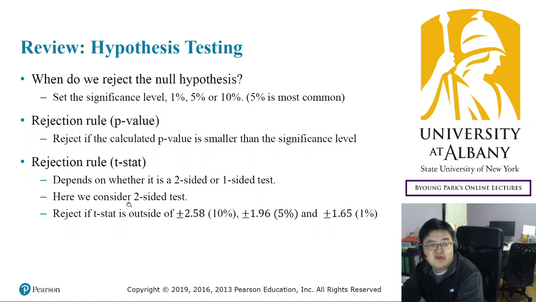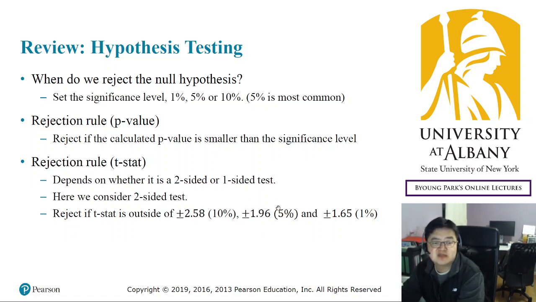If you assume a two-sided test, then we are going to reject the null hypothesis if the t-statistic is outside of those intervals. Plus minus 1.96 is the standard level. Approximately, the rule of thumb is 2.